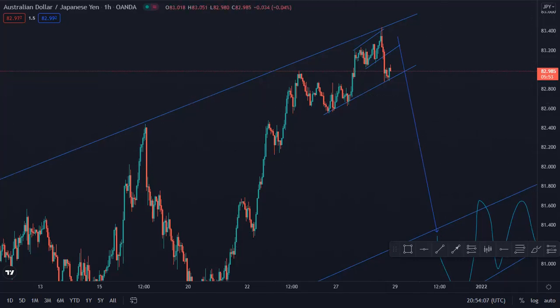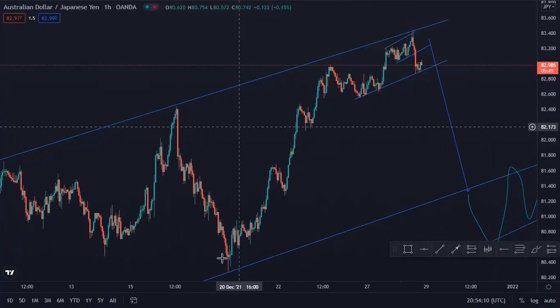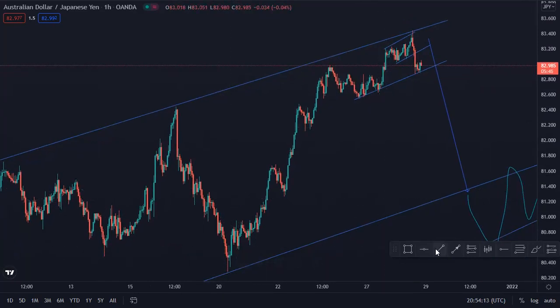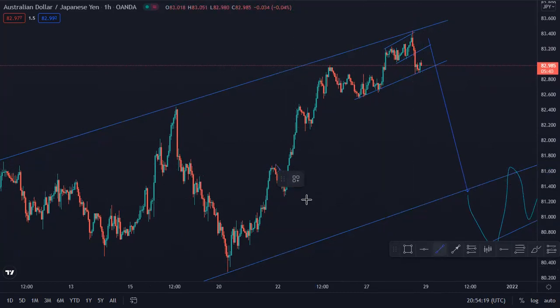As you can see, the market moves with impulse and correction, even right here from this point. This was some sort of a correction. As you can see, it's much clearer on the lower time frames.